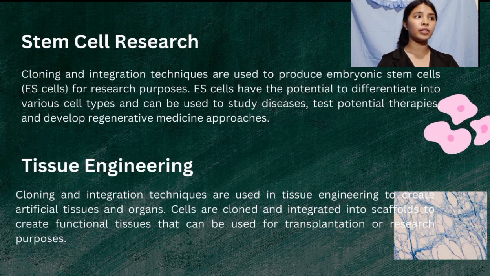One alternative is the induced pluripotent stem cell. Instead of getting stem cells from the embryonic stage, which is the first stage where humans are eventually formed to become a fetus and be born, an induced pluripotent stem cell is like reversing the process.